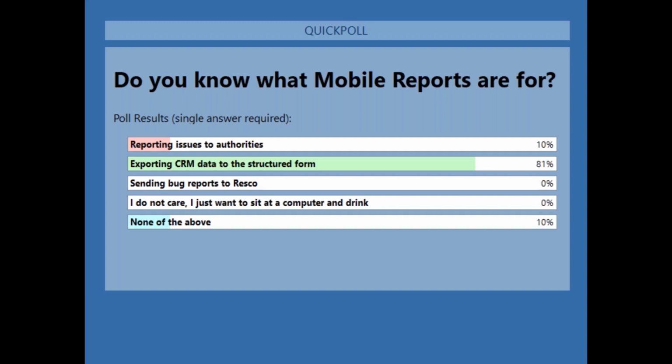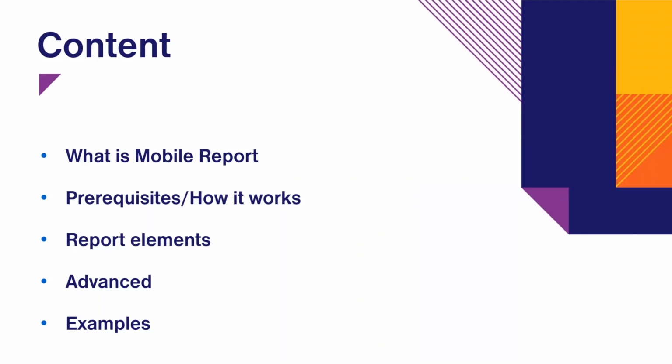So let's now start with the webinar itself and what is ahead of us. First of all, I would like to tell you what a mobile report is, how we at Resco understand it, and how we would like you to use it and understand our point.